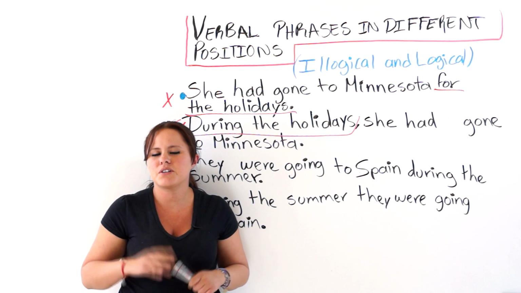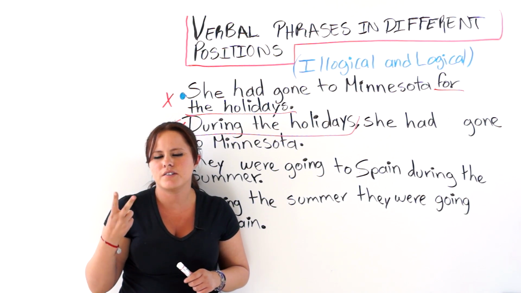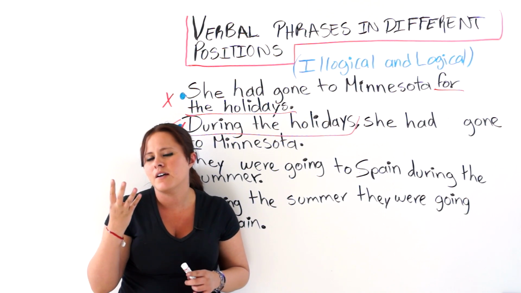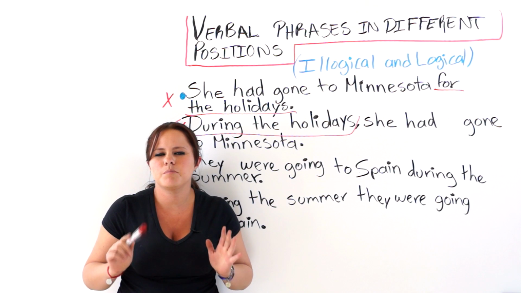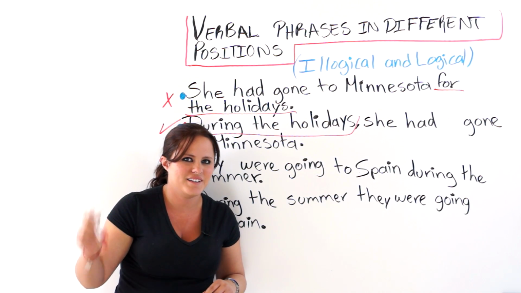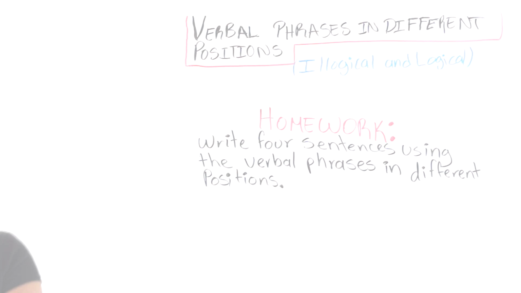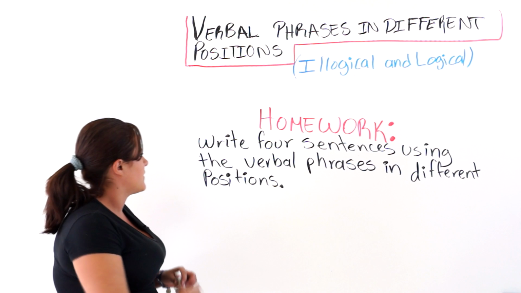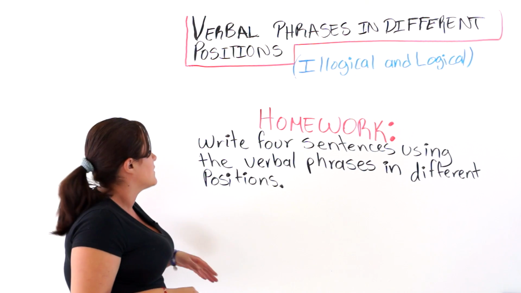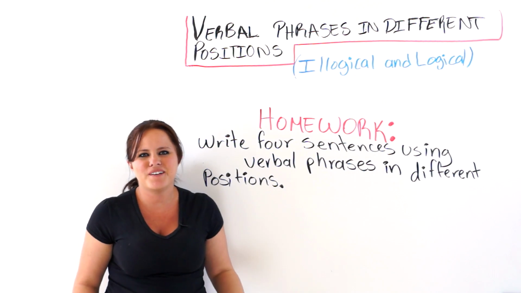Remember that there are 4 skills in the English language: speaking, listening, reading, and writing. Once you have mastered those 4 skills, you will be a master in the English language. For homework, write 4 sentences using verbal phrases in different positions.